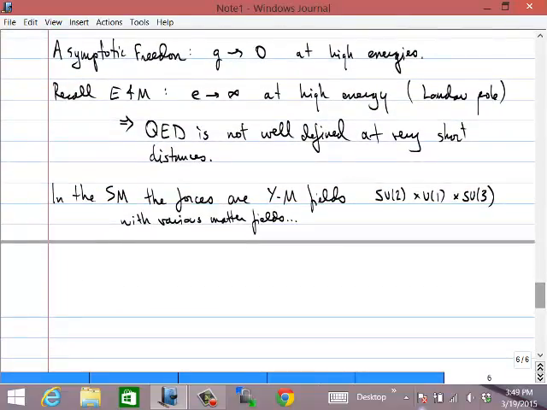This is a speculative idea, but I think it's one of the most influential and important ideas in particle physics. So in order for me to explain this, what I want to do is work not in terms of the coupling, but in terms of 1 over the square of the coupling. So in particular, let alpha be the square of the coupling.